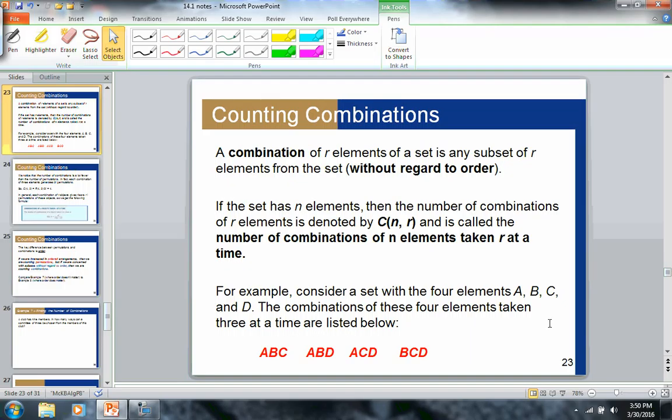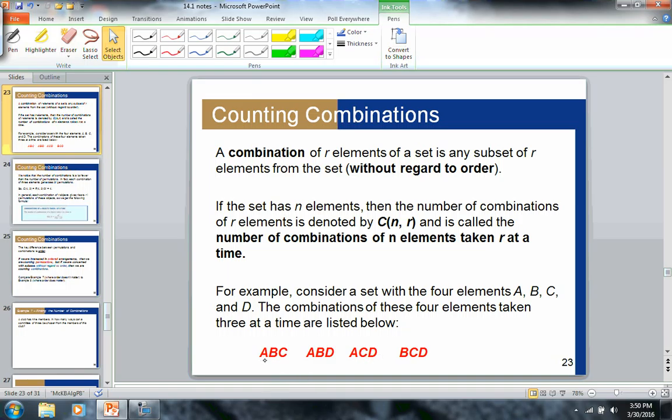It says that we're going to consider the set of 4 elements, A, B, C, and D, and the combinations of those 4 elements taken 3 at a time are going to be listed below. So we could start with A, and then we'd have ABC or ACD right here.